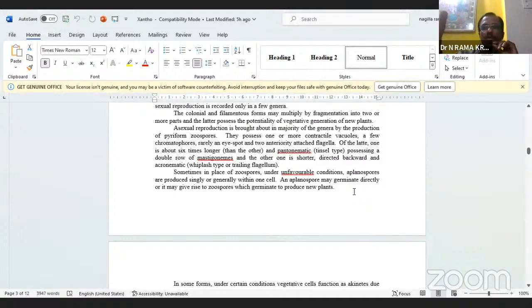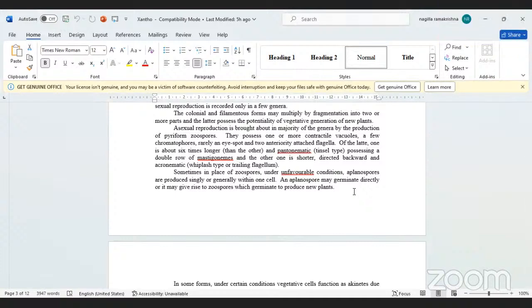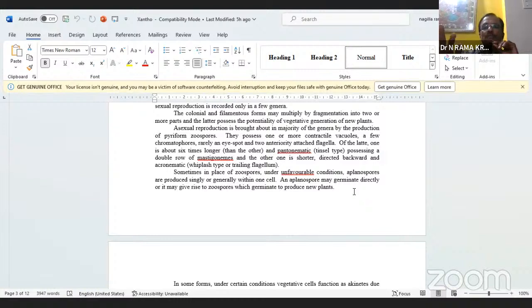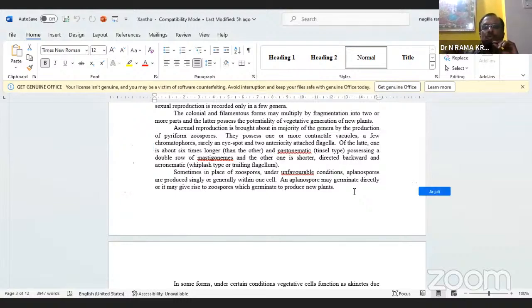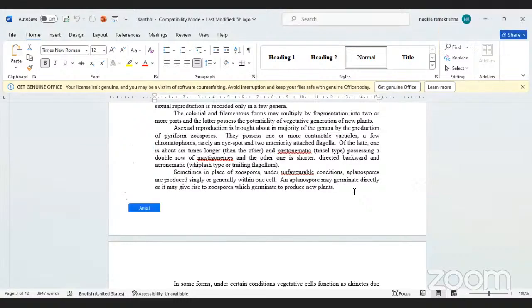What is the difference between aplanospores and zoospores? Zoospores can move, sir. Aplanospores cannot move, no movement. Zoospores contain flagella.